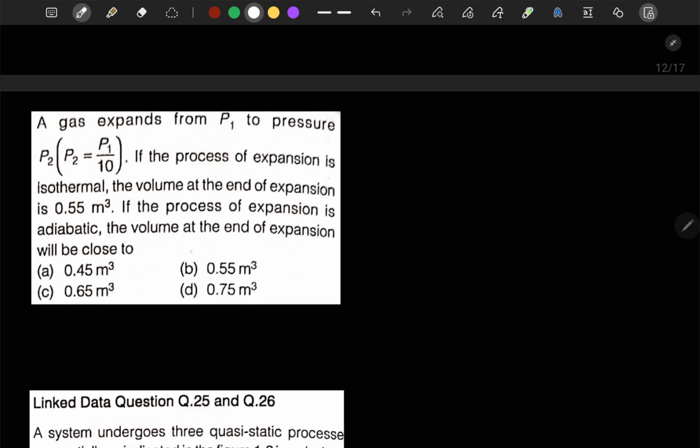Gas expands from pressure P1 to pressure P2. If the process of expansion is isothermal, the volume at the end of expansion is? Okay. So for an isothermal process, P into V is equal to constant.